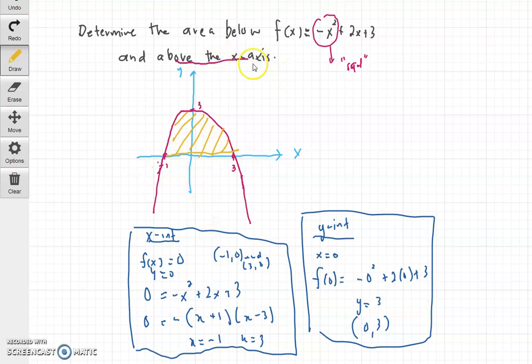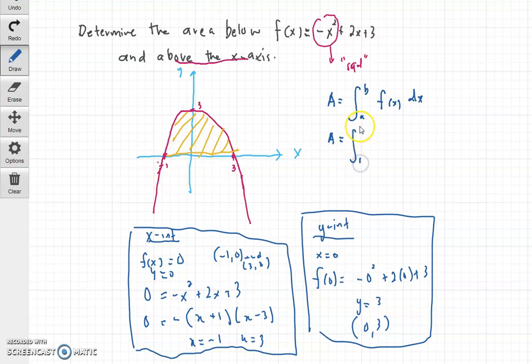Okay, since the question asks you to find it based on the x-axis, your equation of area should be the integral from a to b of f(x) dx. In order for you to set up the integral, a and b are taken from the x-axis, so the x values are from negative 1 to 3.